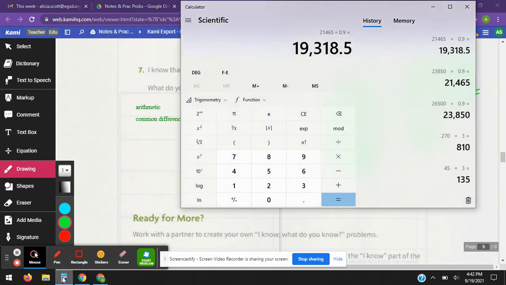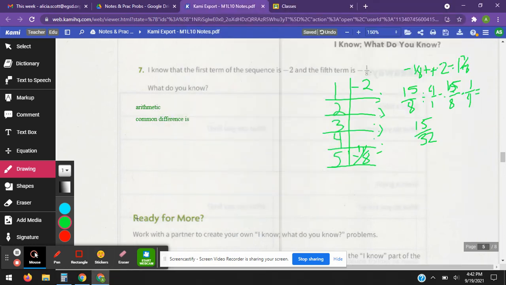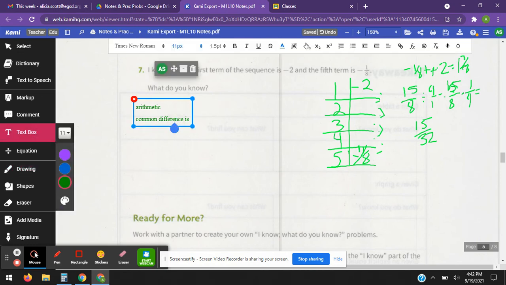So what is 15 thirty-seconds? Let's see what this is. 15 divided by 32. Oh, 0.47, basically. So we're taking away common differences. A plus, because we're getting bigger.